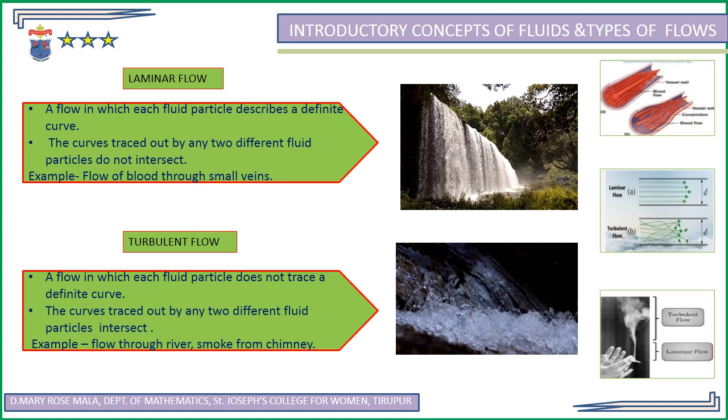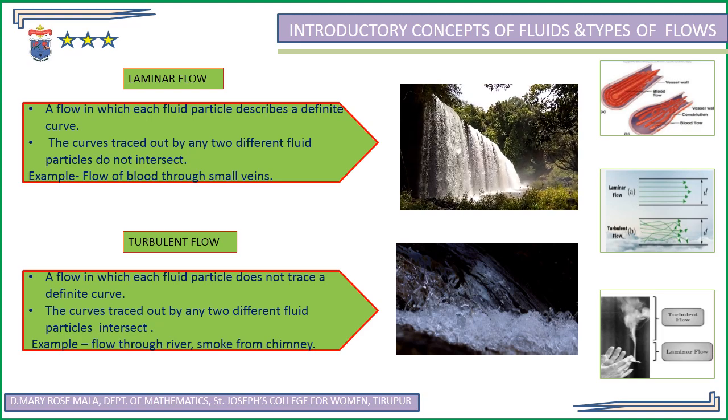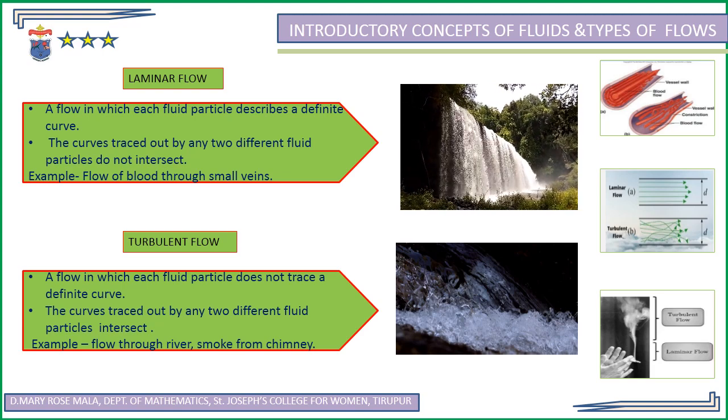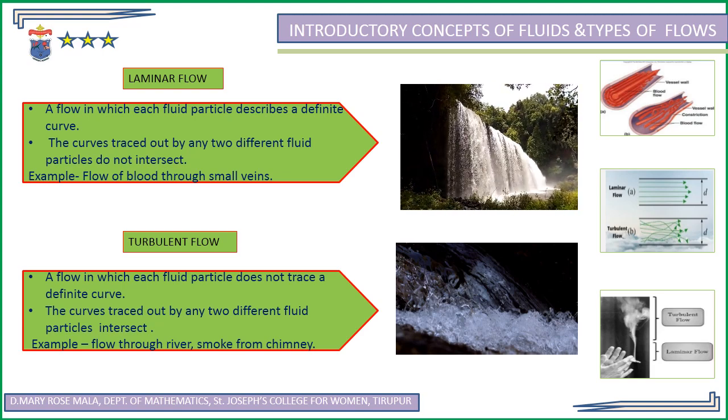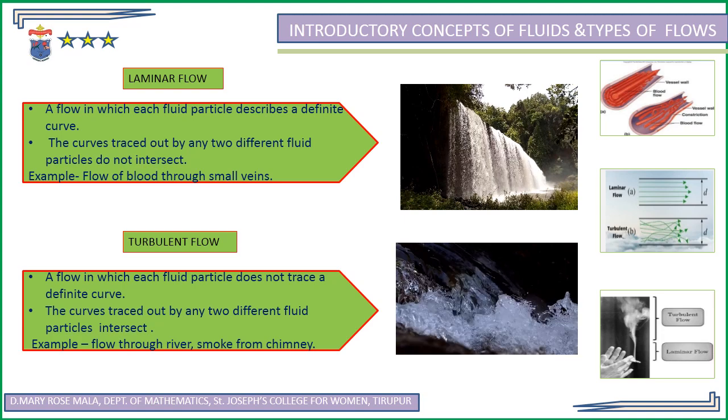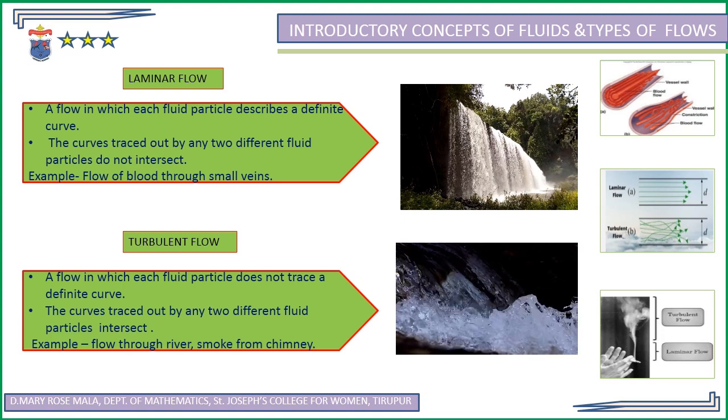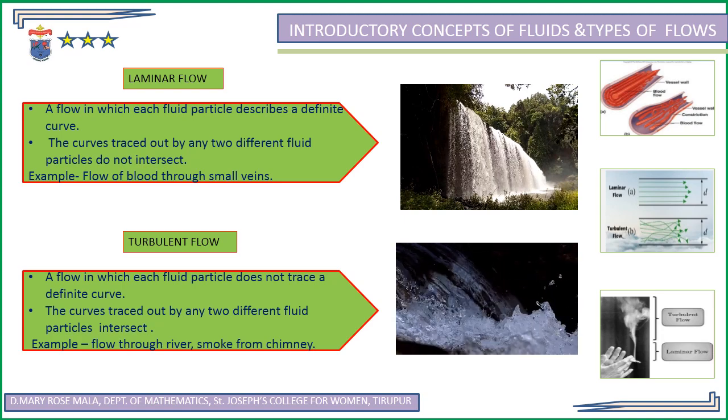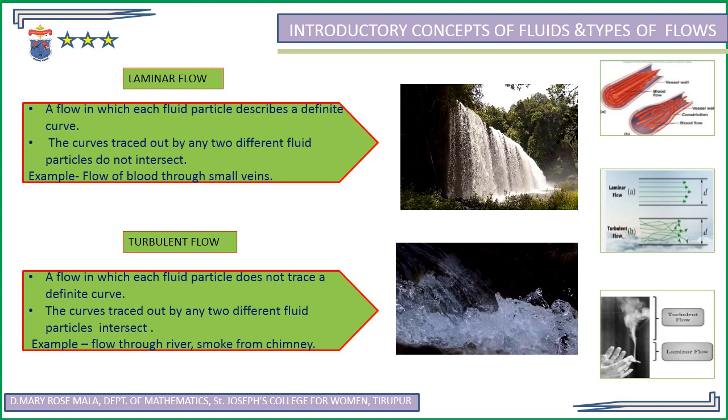In the first video, we see that the fluid particles flow parallel to one another. They form a definite shape, and the fluid particles do not intersect with one another. Such a type of flow is called a laminar flow.